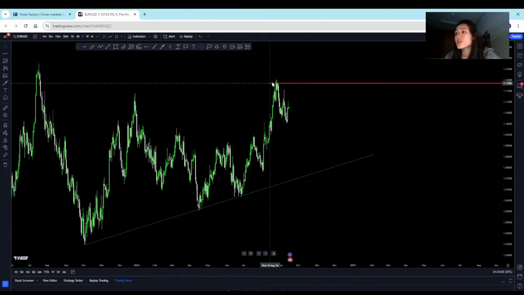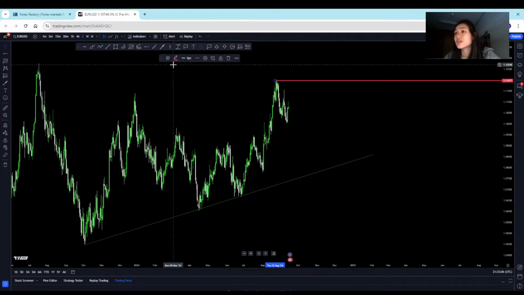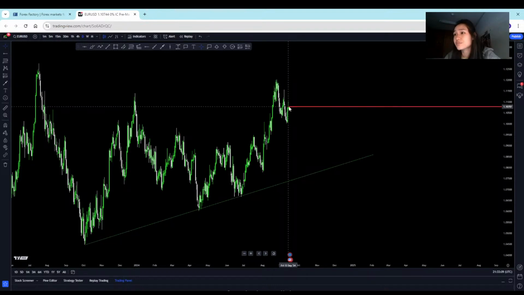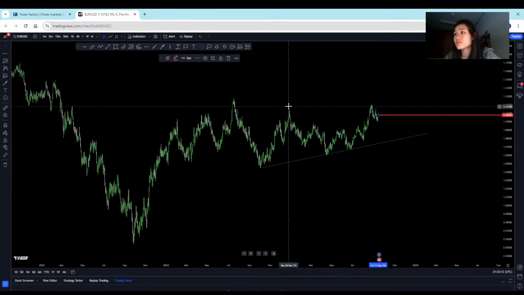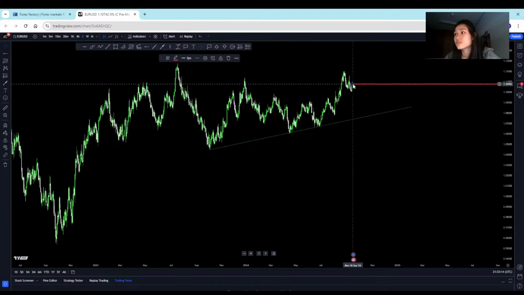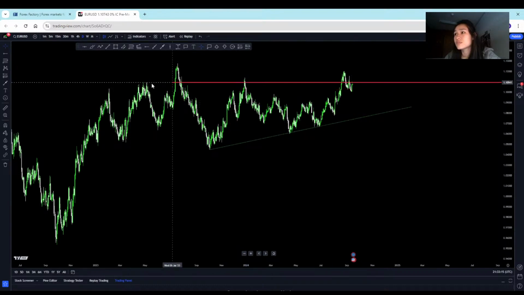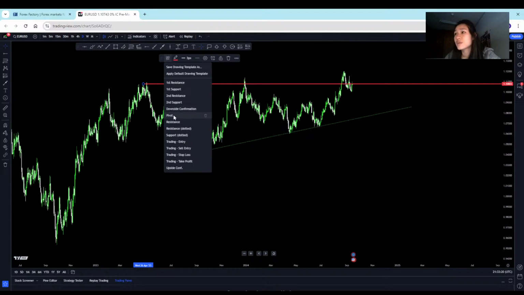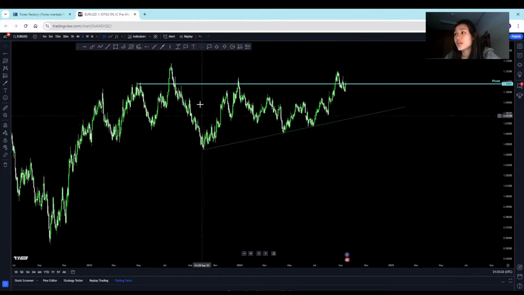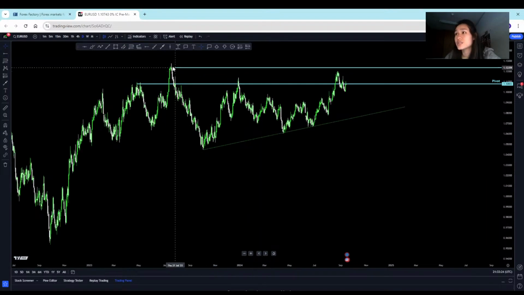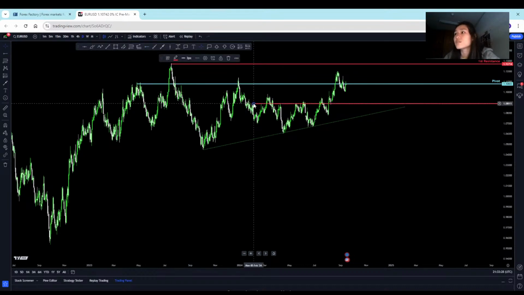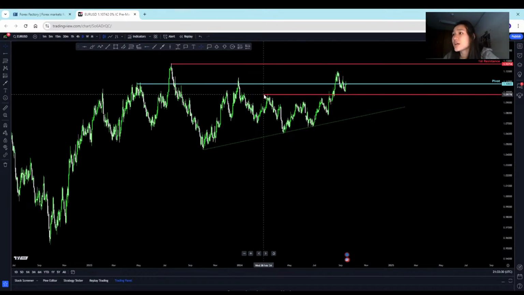Okay, so going in with my horizontal levels. Okay, I'm going to place my pivot here and my first resistance up here. My first support just at this swing high here.